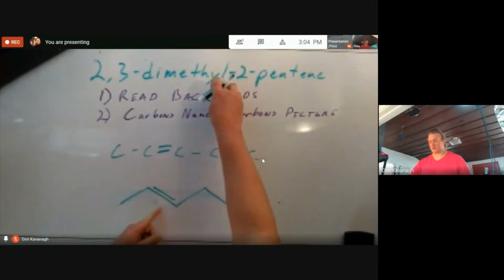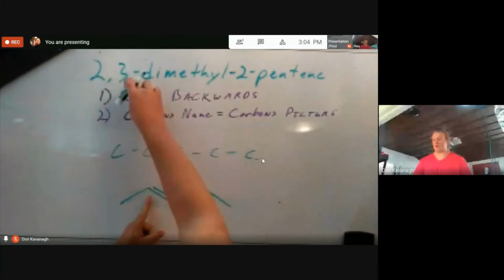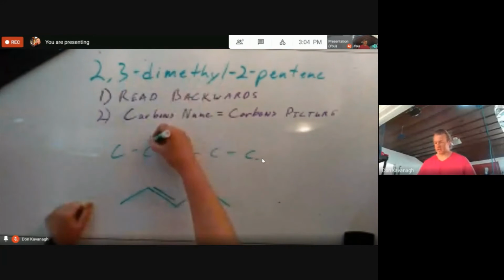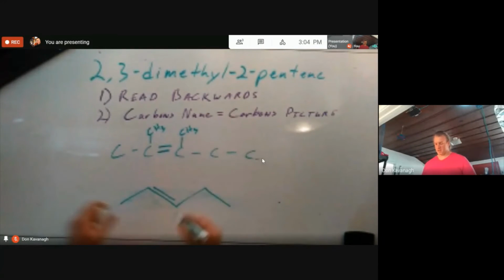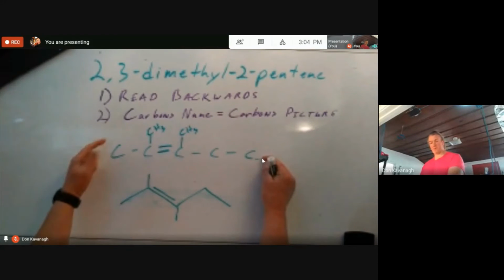So our parent carbon chain is these 5 carbons, and on the second and the third carbon, there is a methyl group. So on our second and our third carbon, there is a CH3, because that's what a methyl is. And then down here, put it as well. So see how this structure, now we read it backwards.